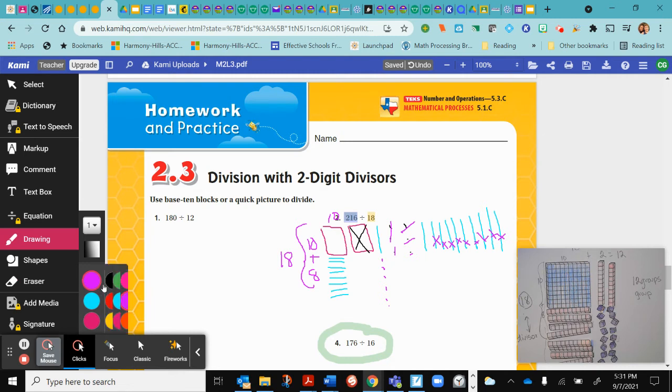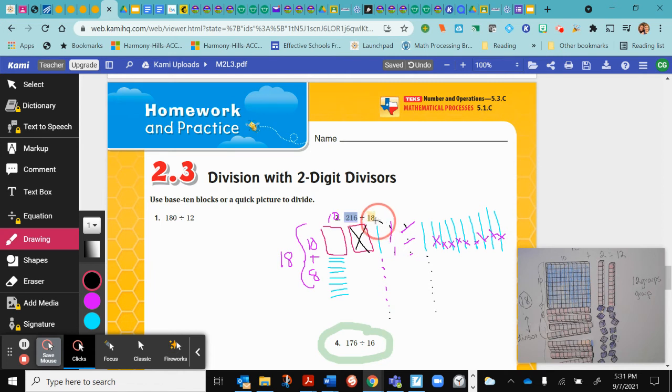And I forgot to add in my 10 ones. So I'm going to do that now. I'm going to do it over here. So this is 1, 2, 3, 4, 5, 6, 7, 8, and then I have the 2 left over, 9 and 10.